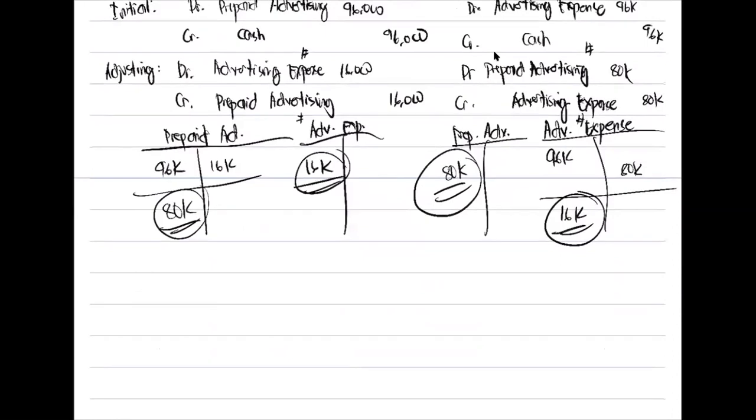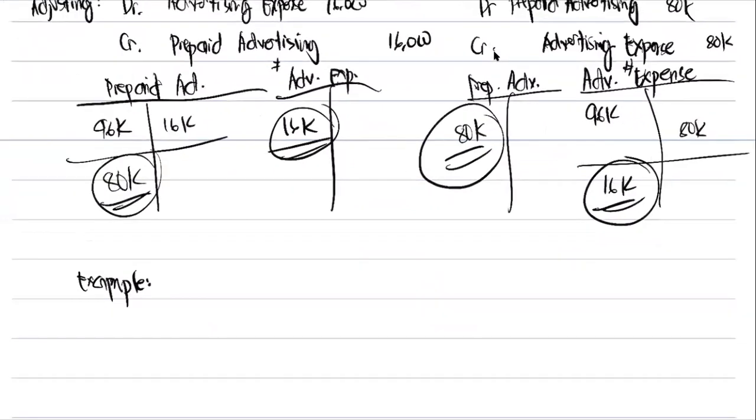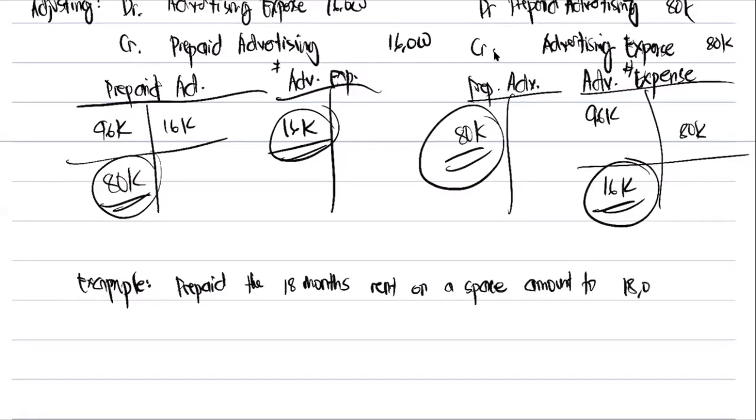Last example. Okay. So here we prepaid 18 months rent on a space amounting to 18,000 on January 1, 2020.